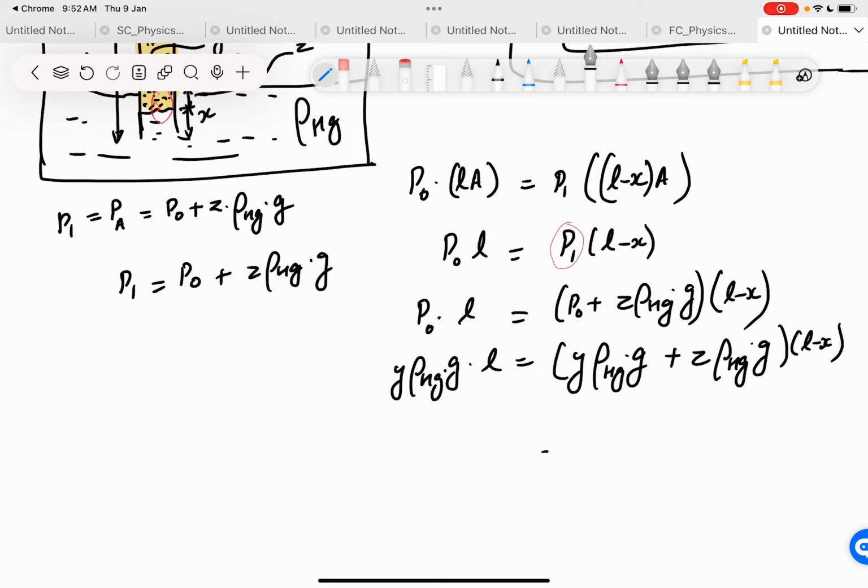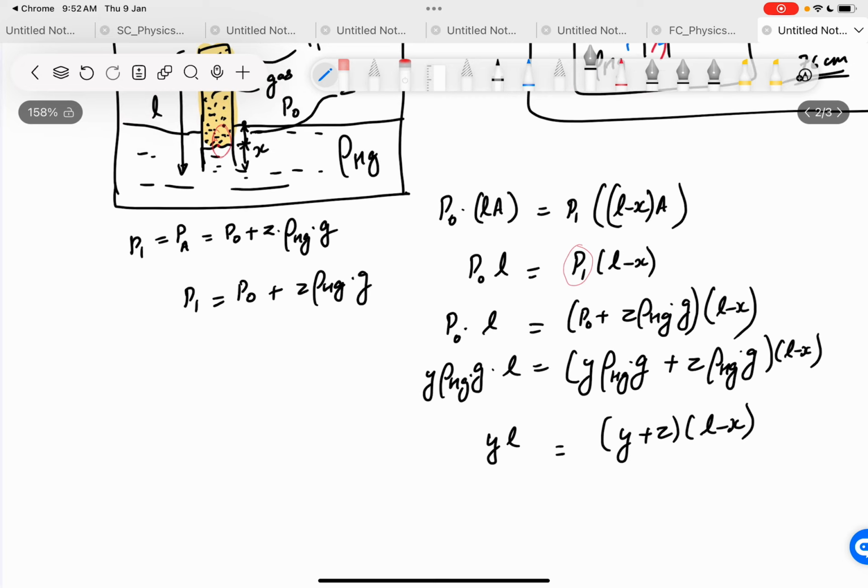Just remove the rho and the G value. You get Y L is equal to Y plus Z into L minus X.